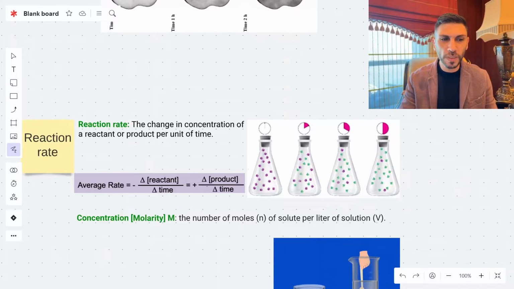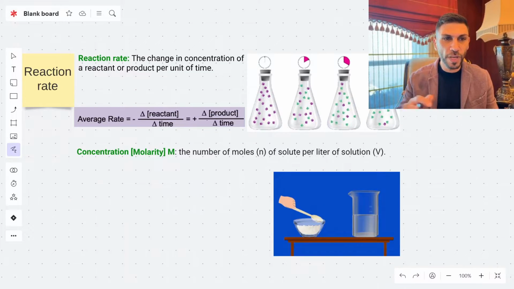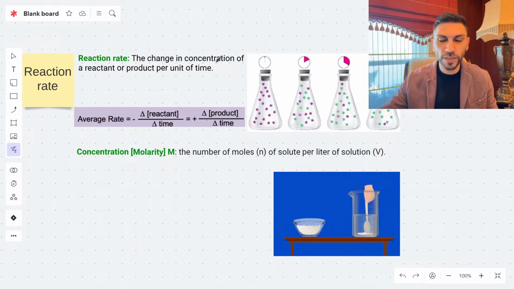So, what is the reaction rate? The reaction rate is the change in concentration of a reactant or a product per unit of time. Look at this flask, for example. These purple particles are the reactants, and after 10 seconds we start to produce the products, which are green.